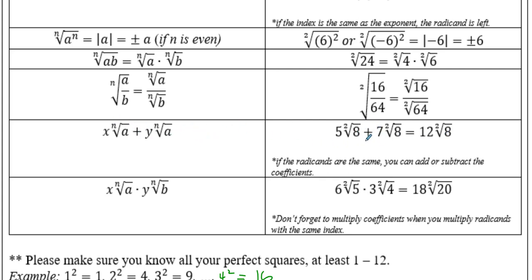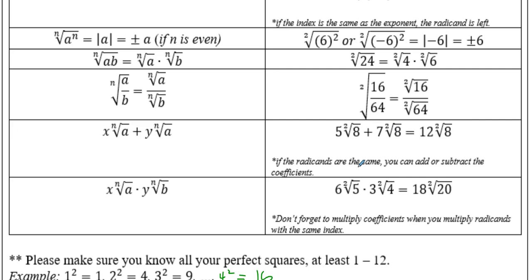Okay, and if you look here in our example, the only reason we were to add these up is because they were both the square root of 8. Okay, so these are basically to be thought of as like terms, right? You remember when we did exponents, you can only add an x squared with an x squared, right? So it's the same thing with these radicals.